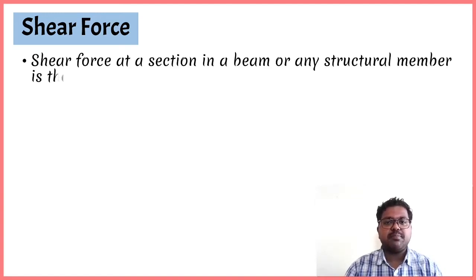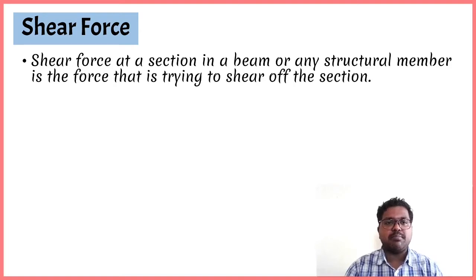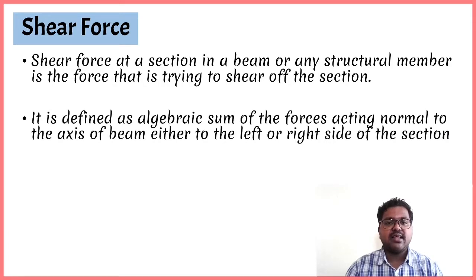Shear force. Shear force at a section in a beam or any structural member is the force that is trying to shear off the section. It is defined as the algebraic sum of the forces acting normal to the axis of the beam, either to the left or right hand of the section.